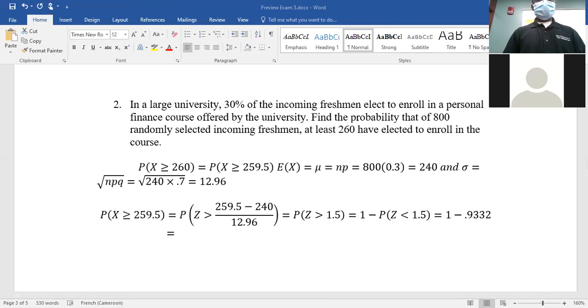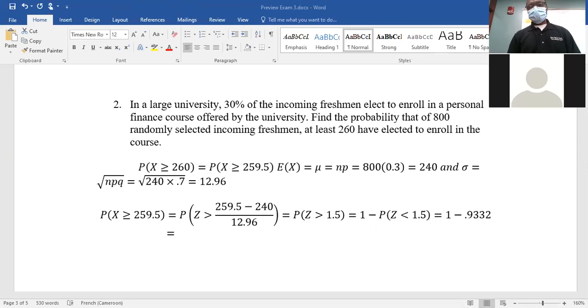Using the binomial distribution calculator, I will put here probability of success is 0.3, number of trials 800, number of successes 260. And I want the probability that X is greater than or equal to 260.